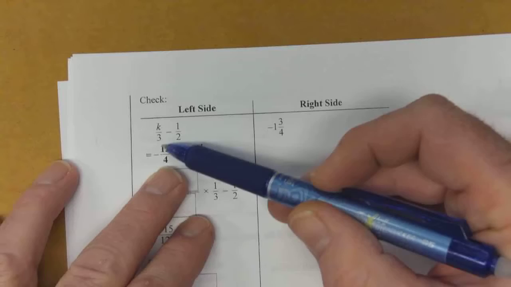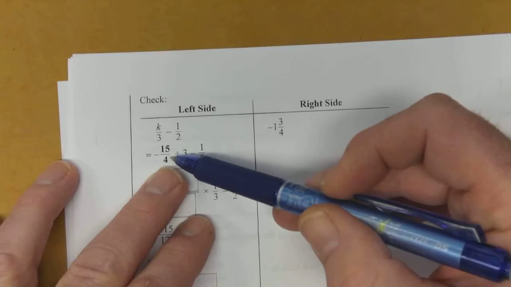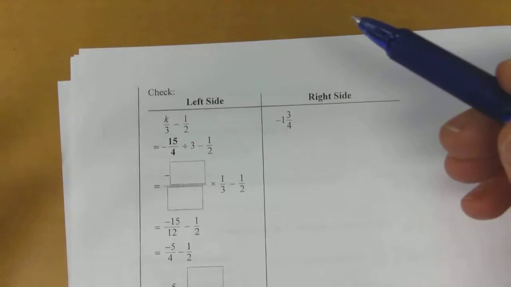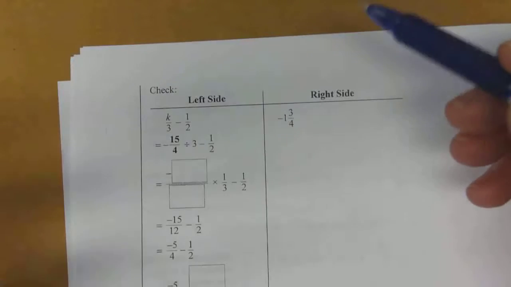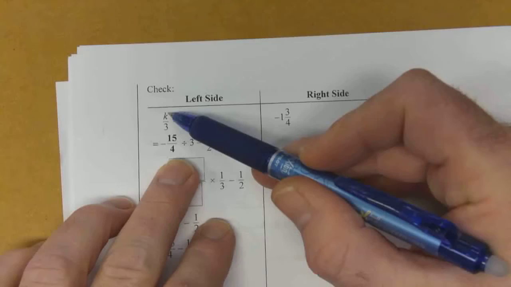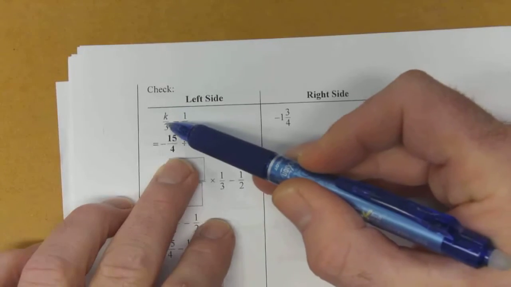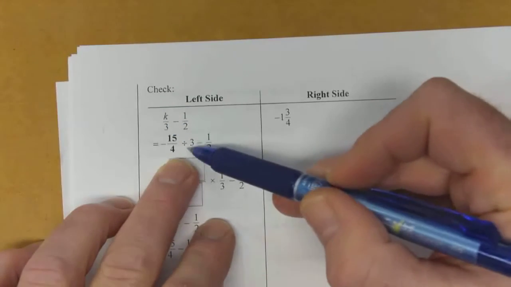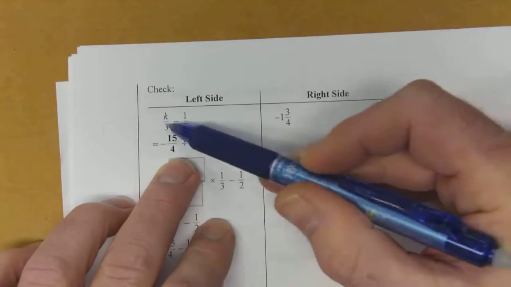Our answer is a mixed number, and that's great. But when we're working with it for checking purposes, a mixed number doesn't work real well for us. So we can just step one step back and use the improper fraction. So negative 15 over 4, that's what this k is, over 3, which is the same as divided by 3. These mean the same thing.